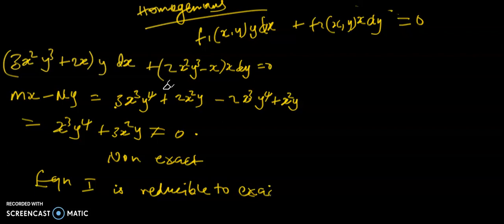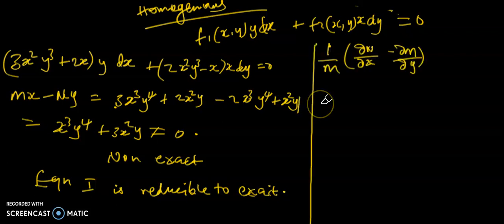So let us go ahead to reduce this equation to exact. Go ahead using this formula to reduce this to exact. This will give us 1 divided by del n by del x. Del x is simply 3x squared y cubed, y power 4, plus 2y.